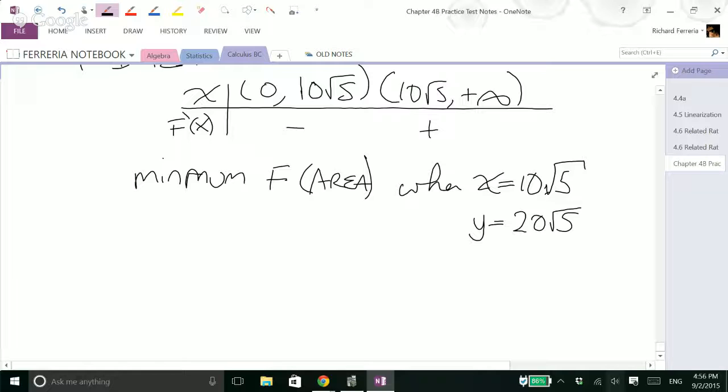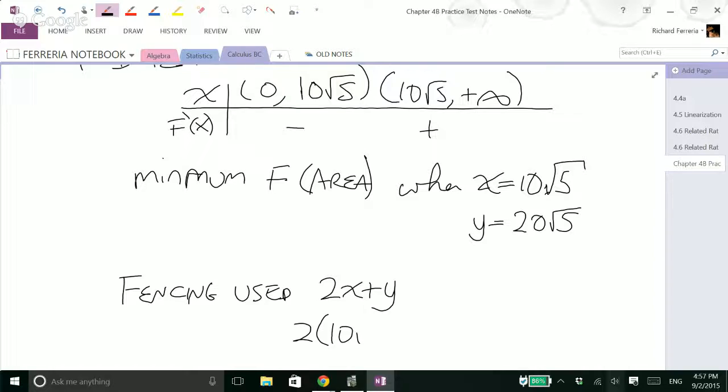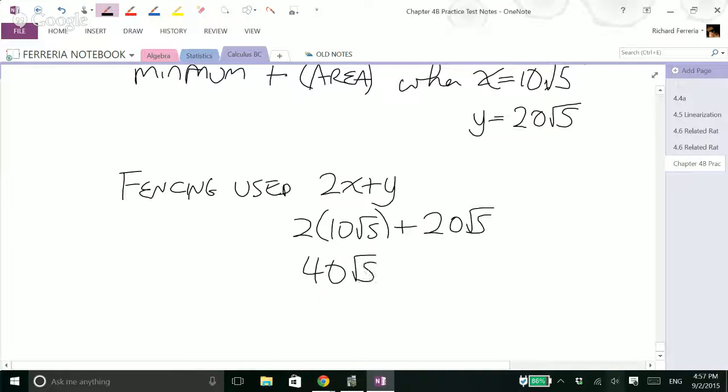What are the dimensions of the pen? The minimum amount of fencing used is 2x plus y, which looks like 40 root 5 feet of fencing.